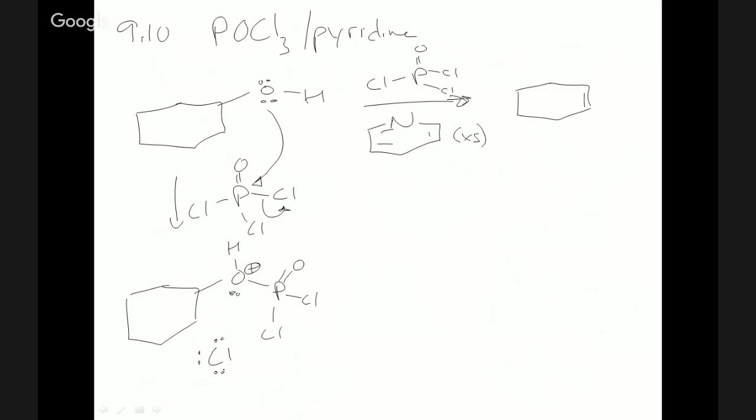Cl minus is not very basic. Okay, that's why we have this. This is a base. Okay, the amine base has a pair of electrons on nitrogen. This salt here is going to sit there until the amine is going to deprotonate.